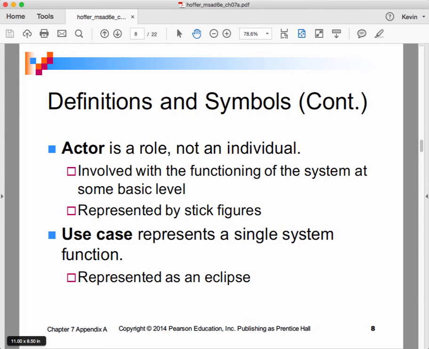We've already said an actor is a role, not an individual. It's involved with the functioning of the system at some basic level, represented by stick figures. A use case represents a single system function, represented not as an ellipse, as the author of the slide accidentally typed, but an ellipse.